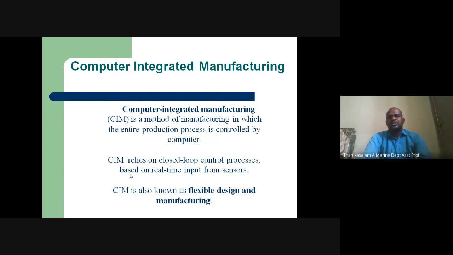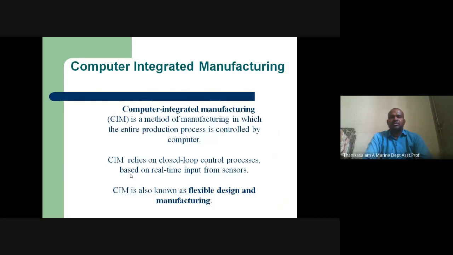Nowadays, for any industry to survive, they have to implement CIM because of competitiveness and technology. The software industry is giving highly automated software. Day by day technology increases: 2G, 4G, now 5G is also coming, the internet, IoT, Internet of Things.